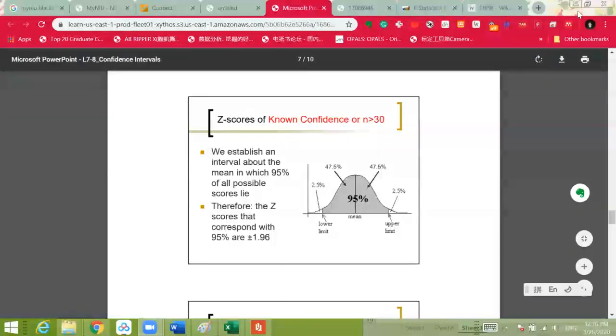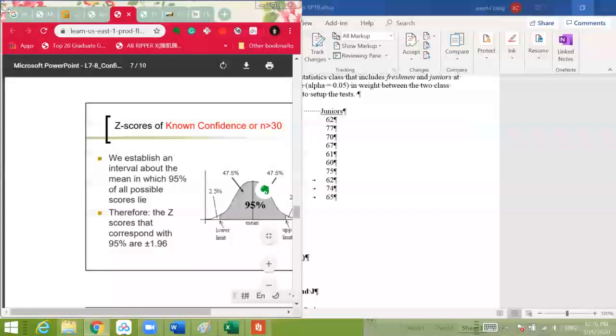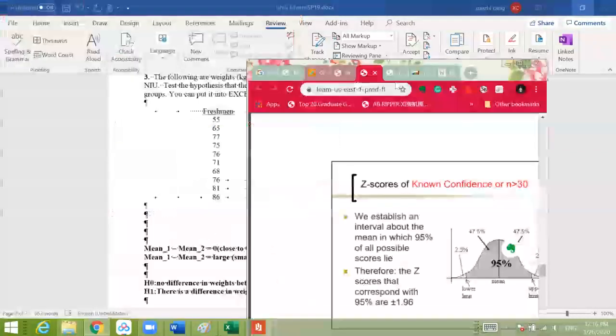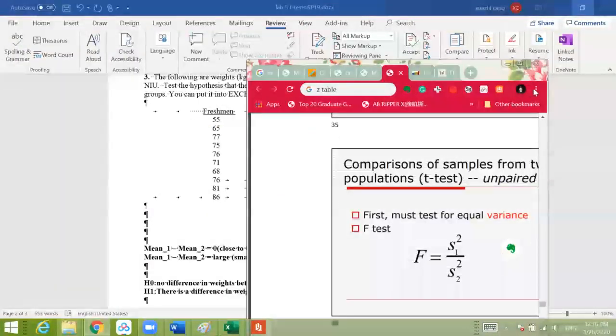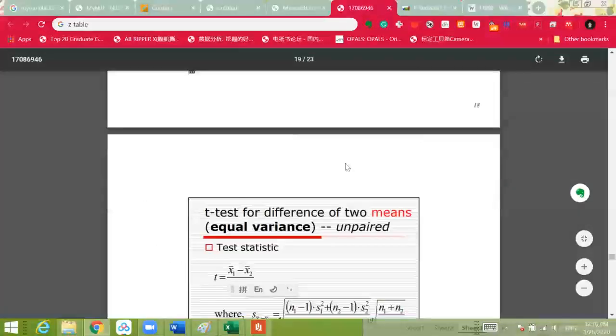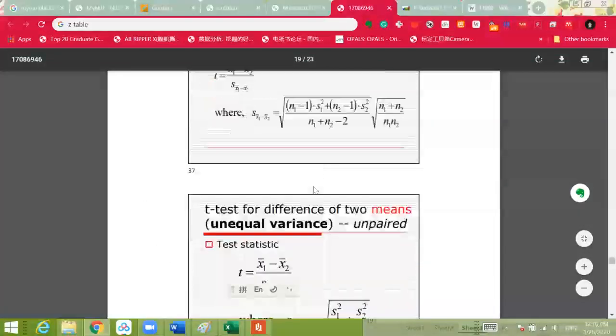In Professor Chen's lecture, we can find the equation here. These two slides are the equations to compare the means from two different populations.